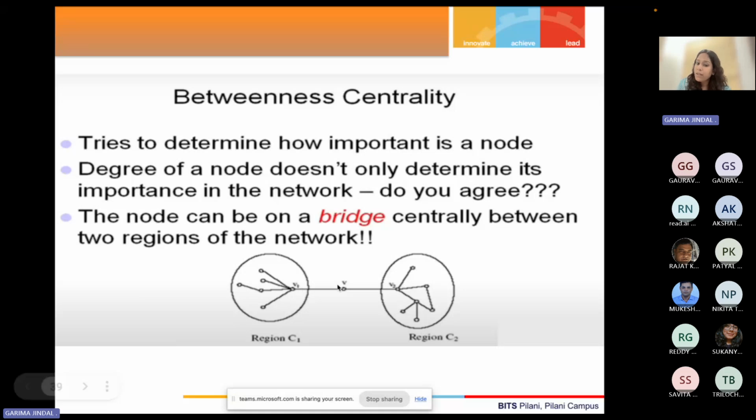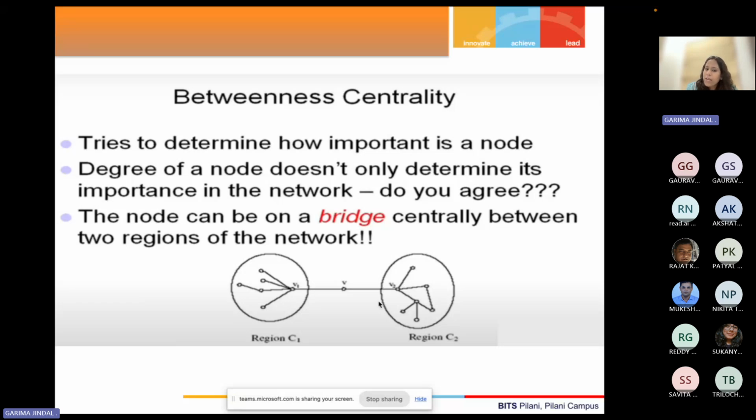But the importance of this node is more when it comes to passing the information from one group to another. The application of this is in epidemiology, when we are trying to vaccinate people. If COVID is here, it should not pass to this group.